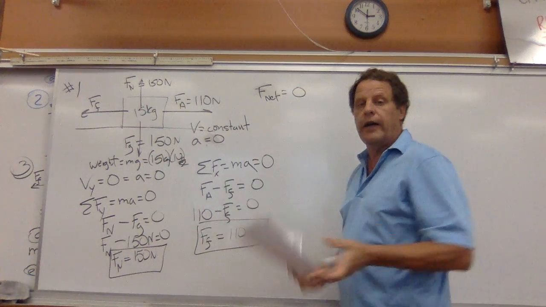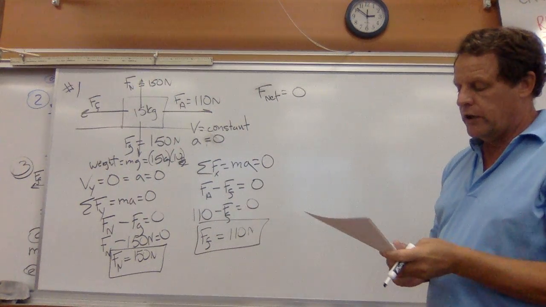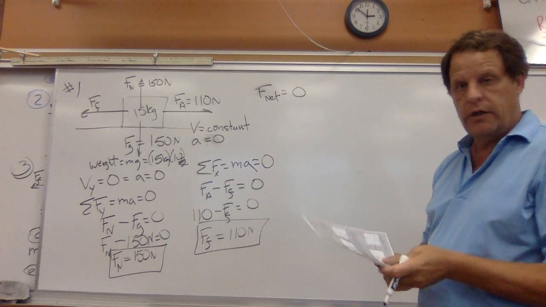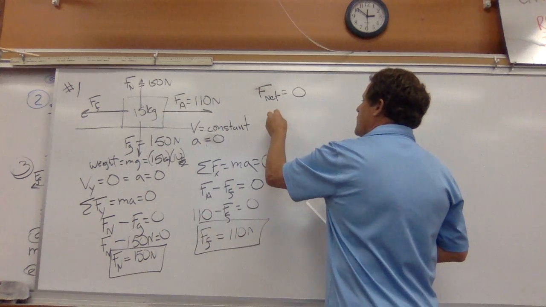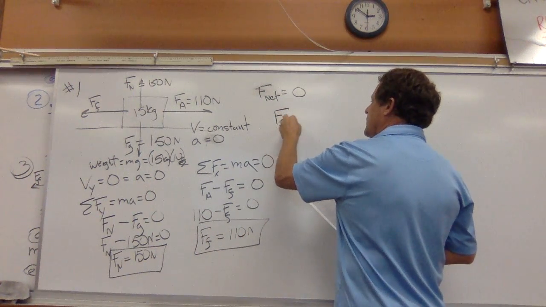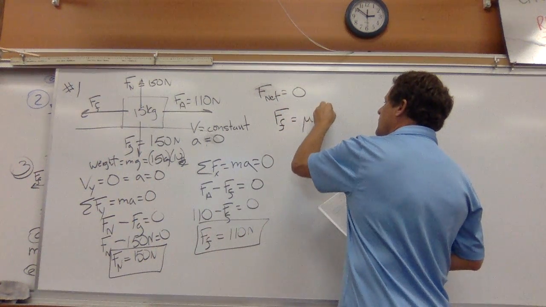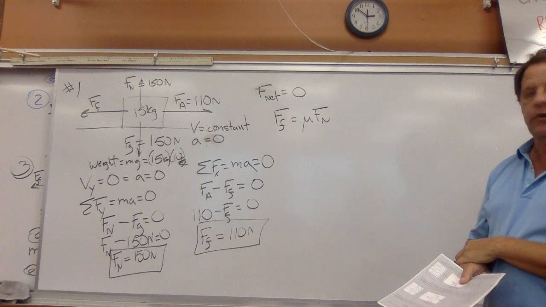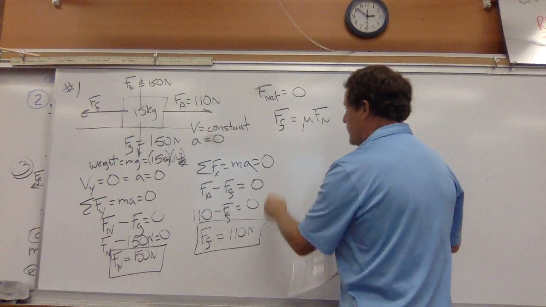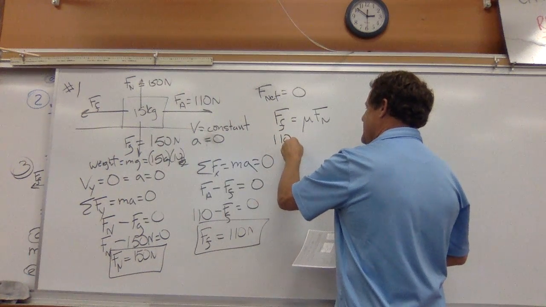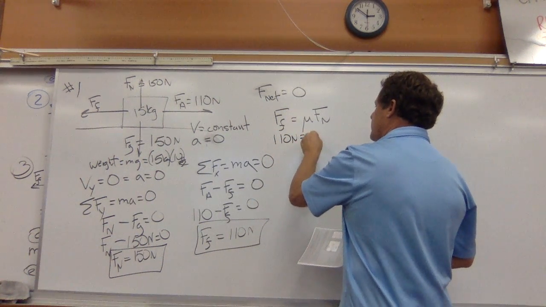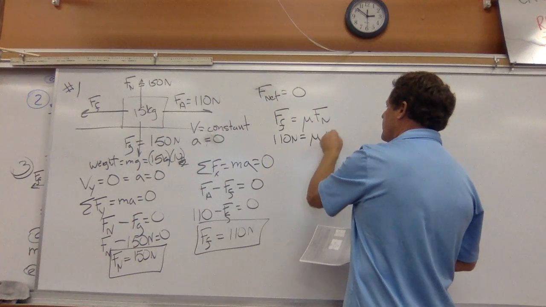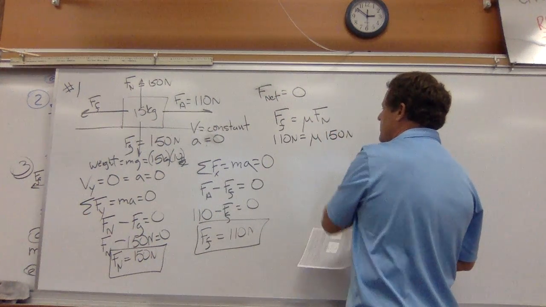All right, and then finally, we want to know what the coefficient of friction is. And the force of friction is equal to mu times the normal force. That's your standard equation for the force of friction. So we know that the force of friction is 110, and that's equal to mu times the normal force, which is 150.